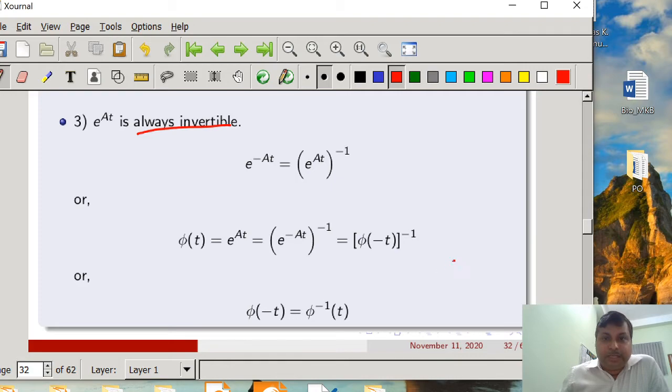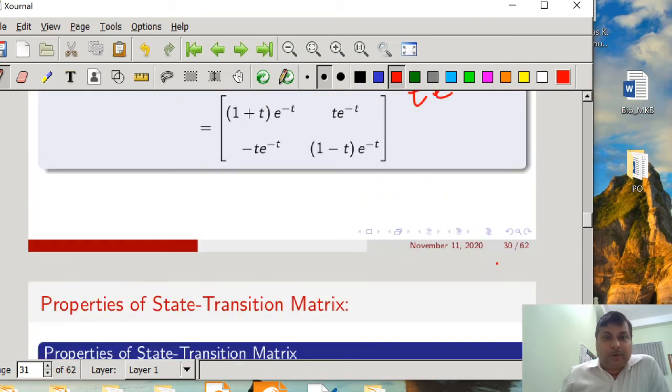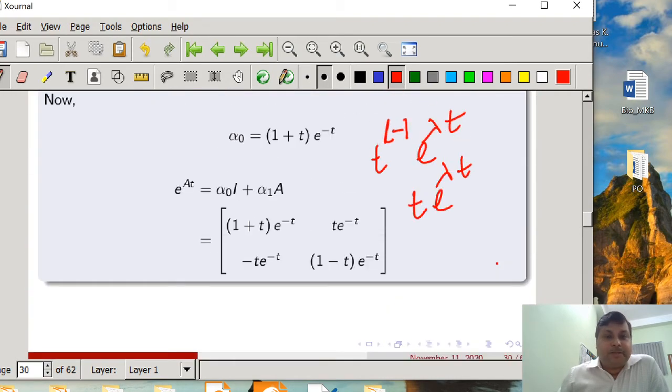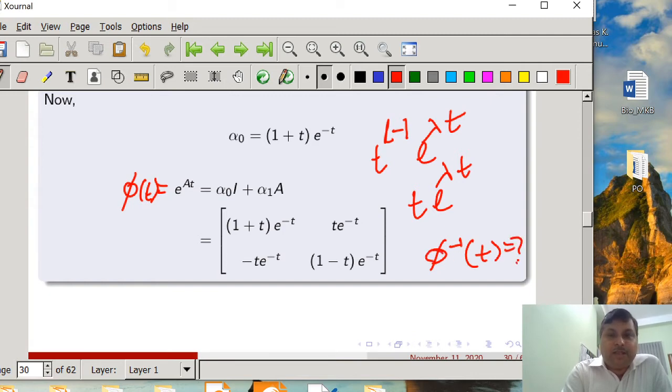For example, I can show you from here. Suppose this is e to the power at, which is actually phi of t, fine. Now it has been asked what will be the phi inverse of t, which can be easily calculated. Phi inverse of t will be equal to phi of minus t.